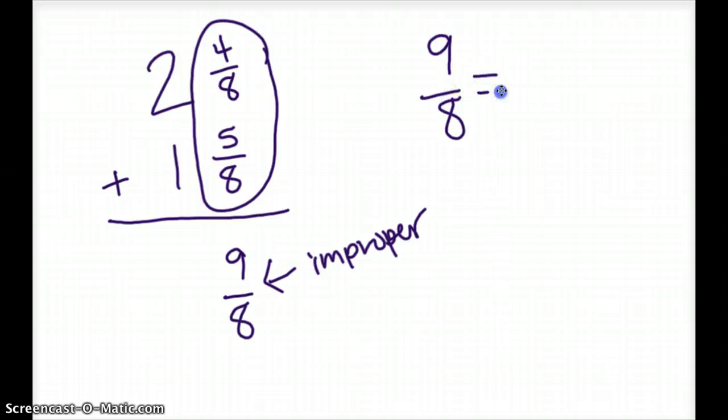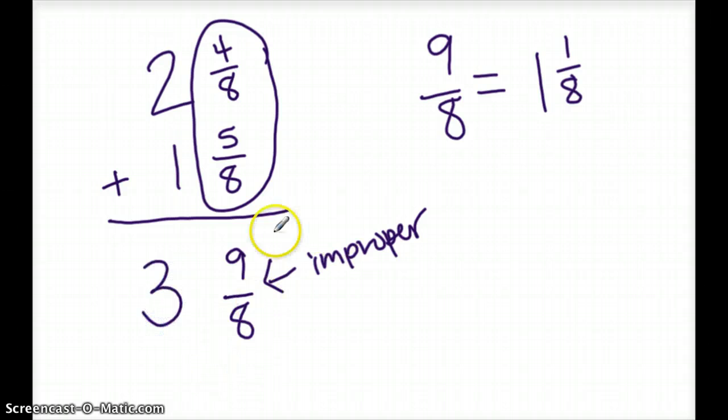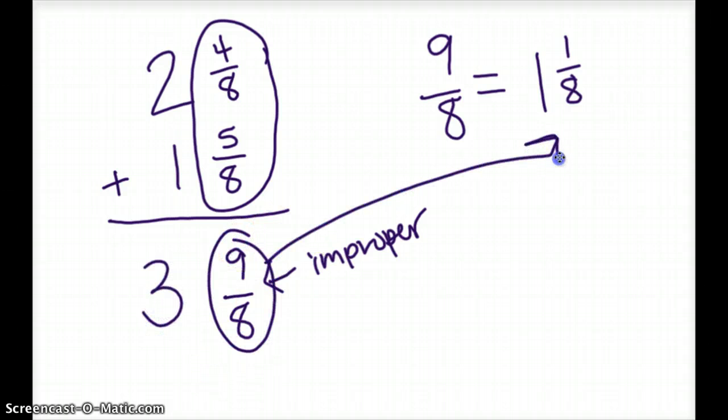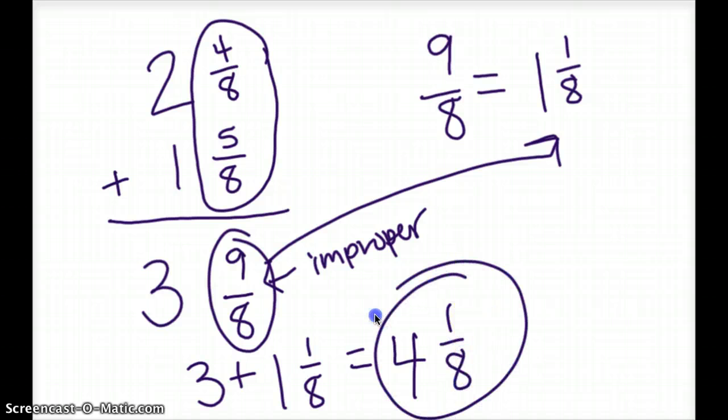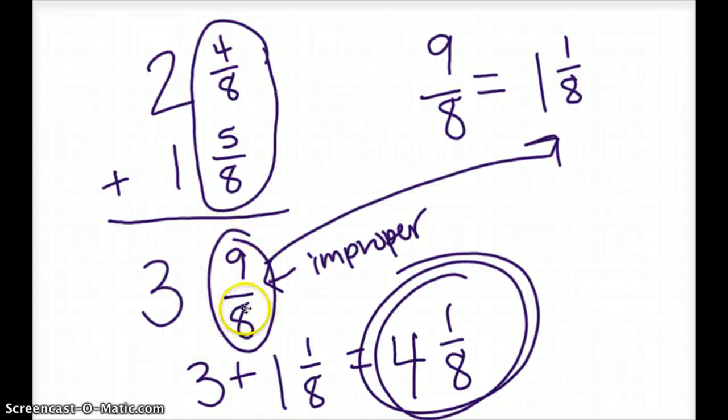So 9/8 equals 8 goes into 9 one time. I have 1 left over with a denominator of 8. 2 plus 1 is 3. So now I'm adding the right number. So I add 3 plus 1 1/8, which equals 4 1/8. That's my correct answer. I cannot leave it with an improper fraction.